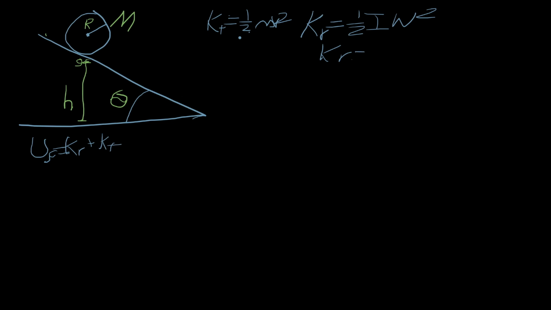So rotational kinetic energy equals 1/2 I omega squared. If you remember, I equals 2/5 mass times radius squared. And then we also need to substitute our rotational velocity, which equals velocity over radius.